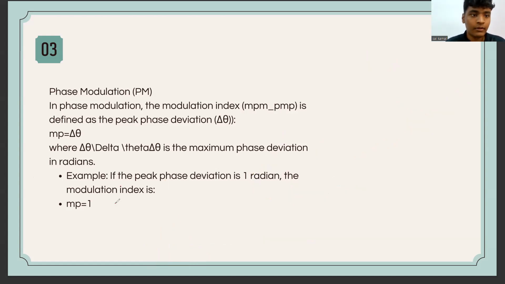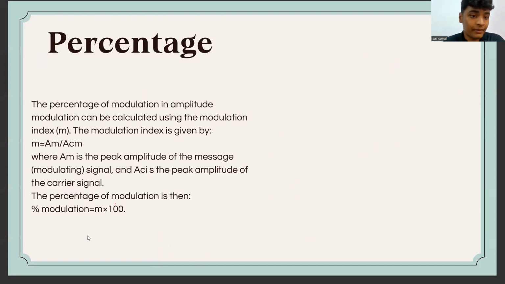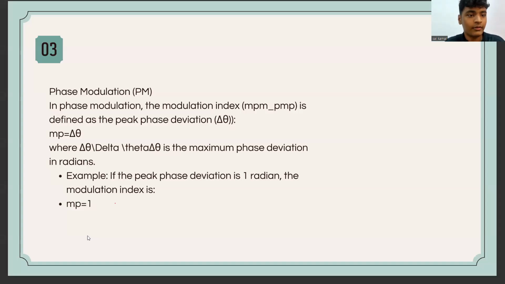Okay, so now we have completed the modulation index. Let's go to the percentage of modulation. The percentage of modulation in amplitude modulation can be calculated using the modulation index. The modulation index is given by m, where we use the formulas of amplitude modulation, phase modulation, and frequency modulation.